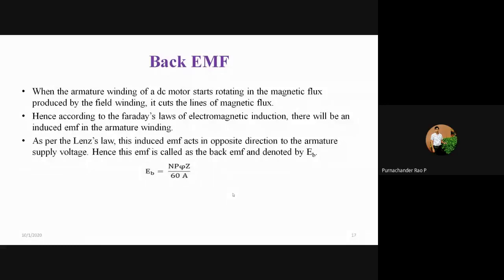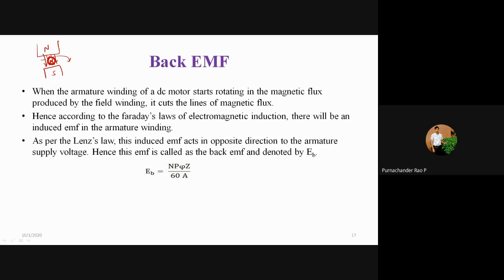Okay, so in the first case, when the armature winding of a DC motor starts rotating in the magnetic field. In the previous case, we took this as the north pole and this as the south pole, with a magnetic field between them, and in this magnetic field we place a conductor carrying current. Now, whenever this rotates in a clockwise or anti-clockwise direction, the conductor also cuts the main field flux.